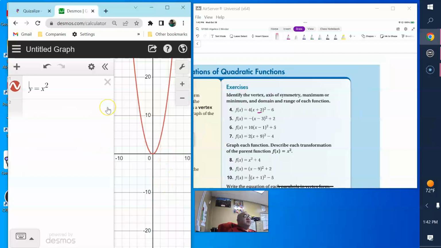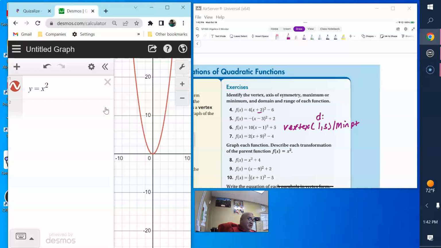For number 6, we notice that the a value is 10, so it's going to open upwards. It's going to be narrower by a factor of 10. The -1 means it's going to shift to the right. So the vertex is going to be (1, 5), and it is a minimum point since it opens upwards.